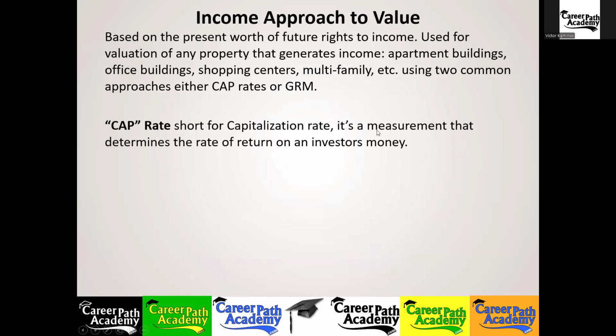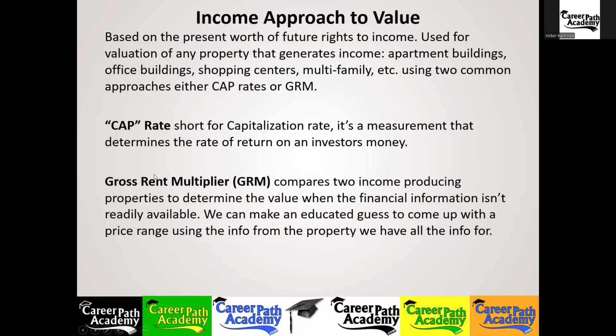A cap rate, short for capitalization rate, is a measurement that determines the rate of return of an investor's money. Using the GRM, the gross rent multiplier, compares 2 income-producing properties to determine the value when all the financial information isn't available for us.